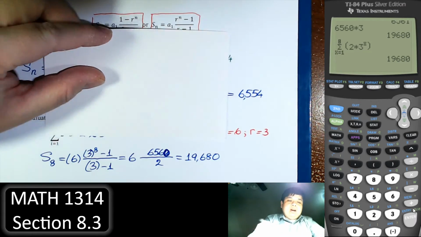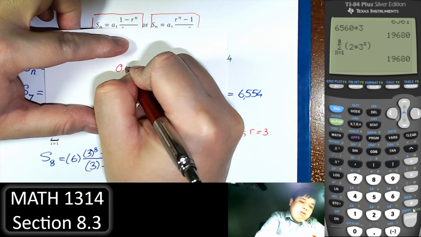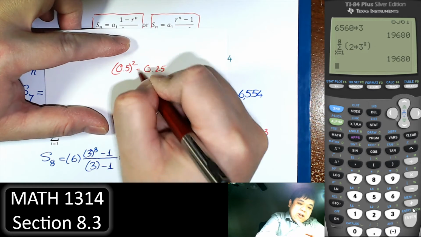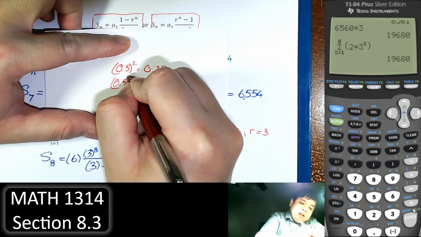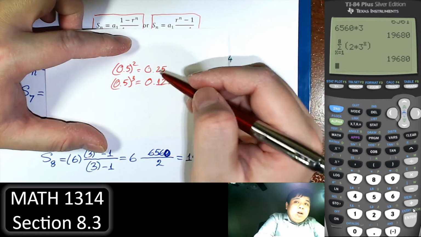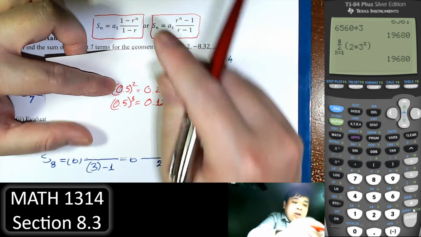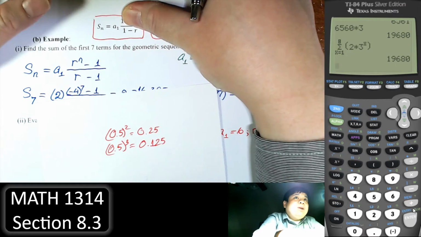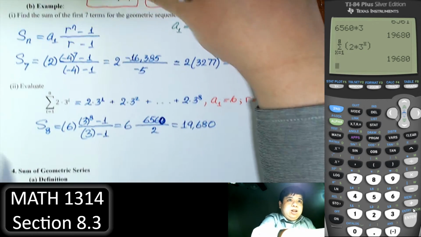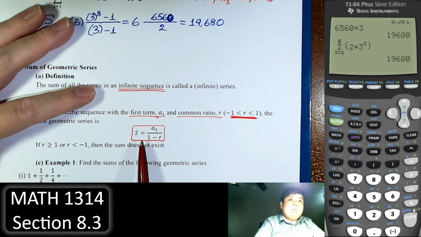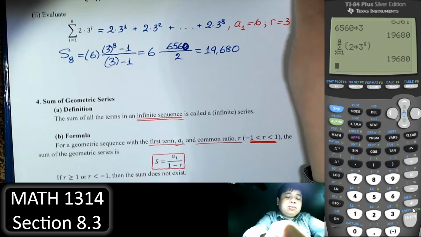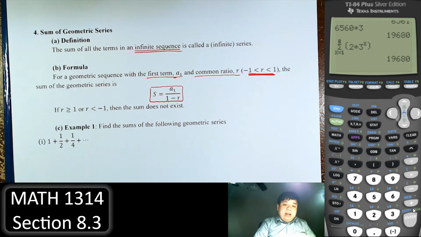Now if we look at the other way around, if you have 0.5, when we square it, that's 0.25, and when we cube it, it's 0.125. So the higher the power, the closer this gets to 0. So if this gets to 0, that's what we get, a1 times 1 over 1 minus r. So be mindful that r has to be between -1 and 1 for this to work.